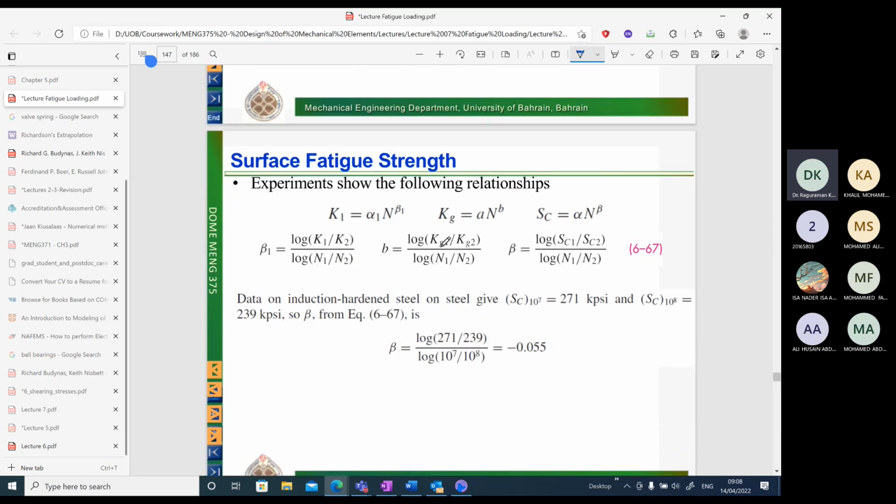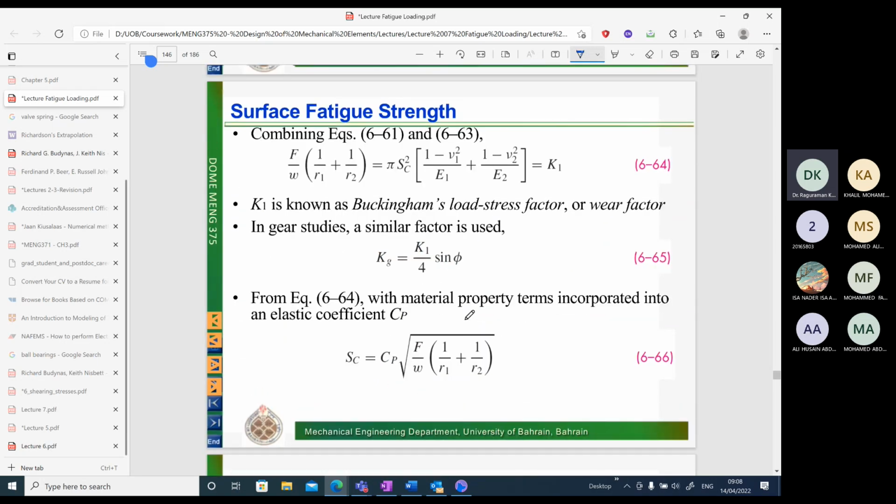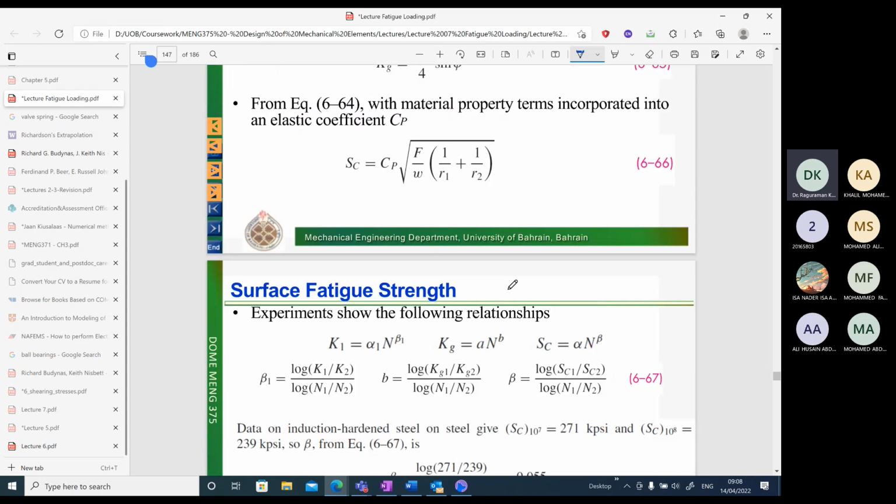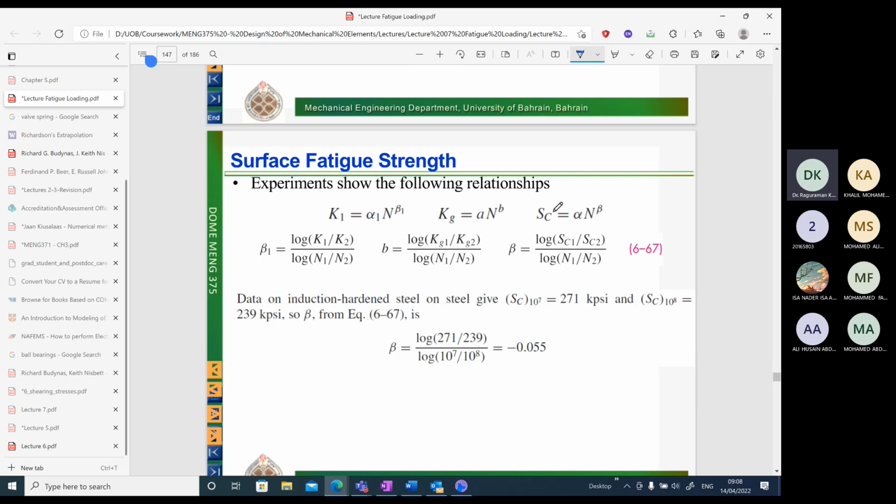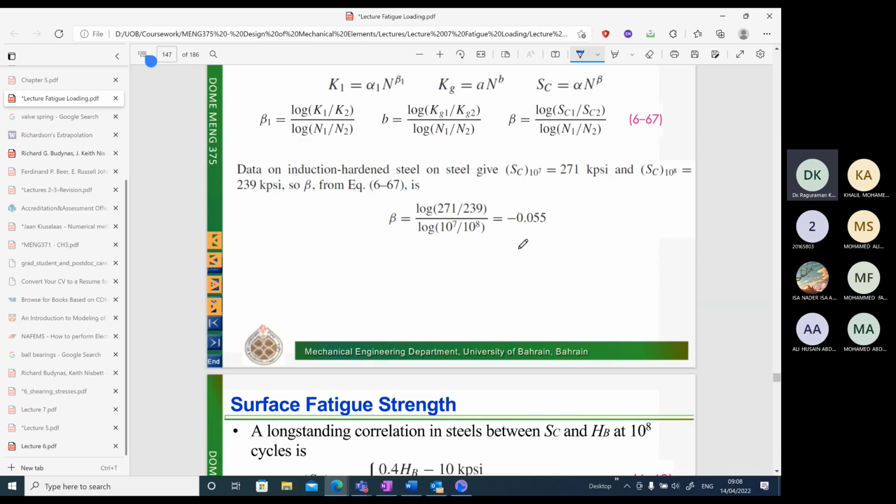Again, you can see some experimental values for K1 and Kg, some of the properties, and again based upon experiments, the contact strength or the fatigue strength due to contact is related to the number of cycles to failure by this relationship. Then we can figure out the number of cycles to failure.